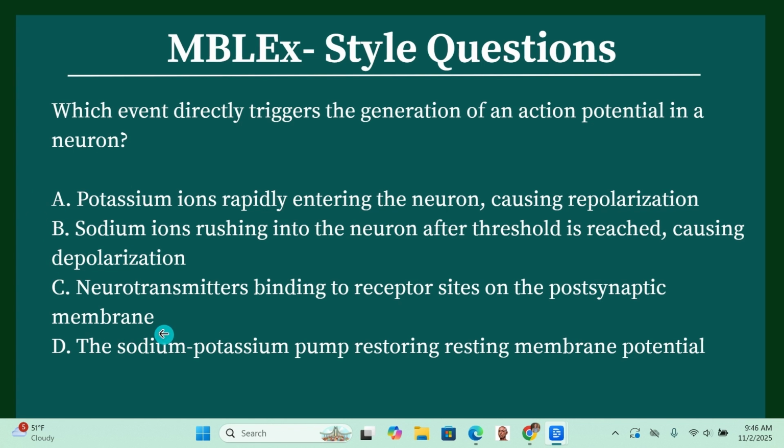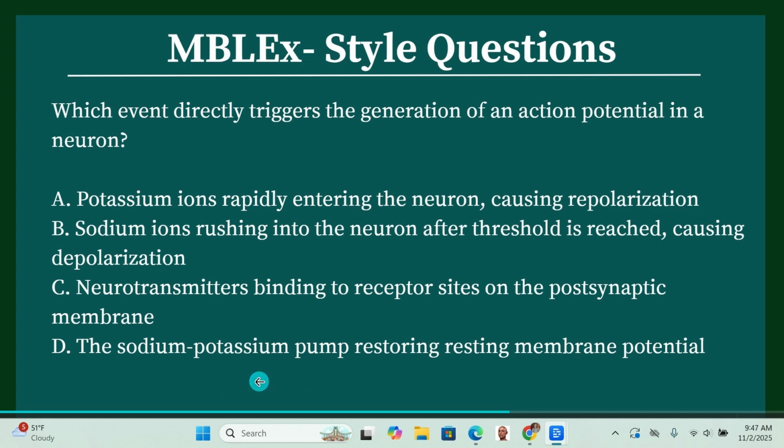B looks like a good one. C, neurotransmitters binding to receptor sites in the postsynaptic membrane. This is something that actually happens, but that's not a part of the action potential. And then D, the sodium-potassium pump restoring resting membrane potential.